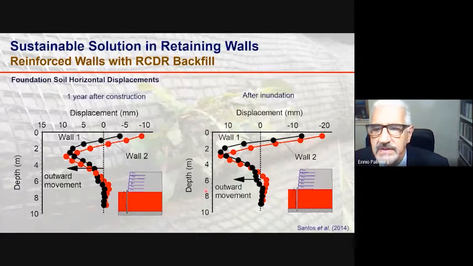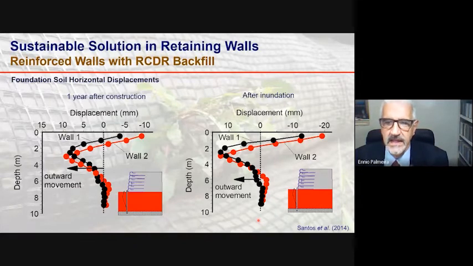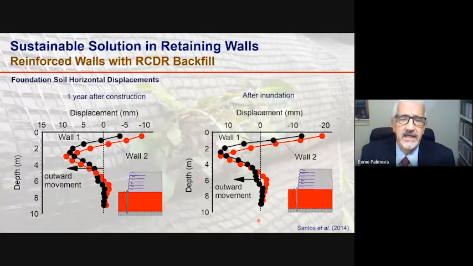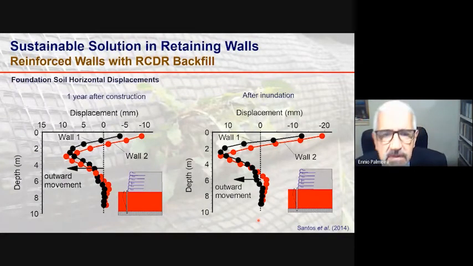You can see that we get an increase in the maximum horizontal displacement, but again, with similar results for wall 1 and wall 2. So this study validated the use of recycled construction demolition residue as a cheap backfill material for geosynthetic reinforced walls.